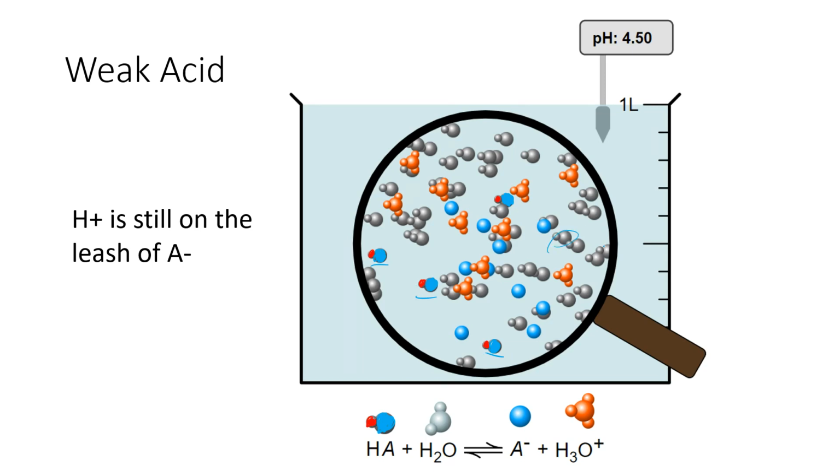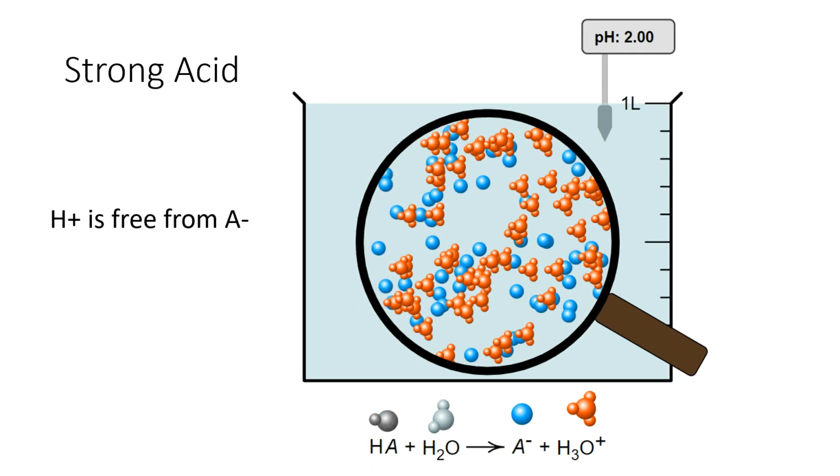So any of these gray structures, the H is connected and therefore not causing all the damage. The red ones here are the acid doing the damage when it reconnects with water. That's a weak acid. Notice the difference between that and a strong acid. A strong acid doesn't have any of these gray things in there because all the H plus dissociates and goes out and does the damage.